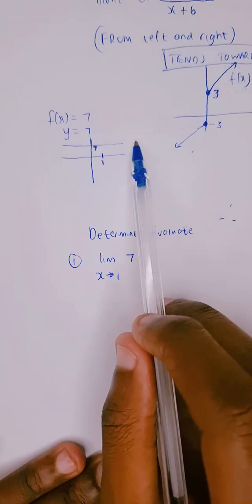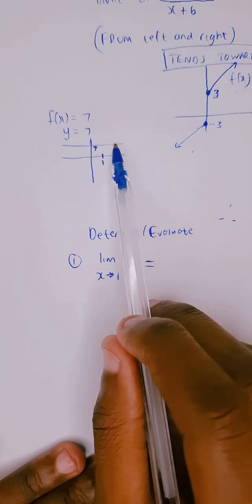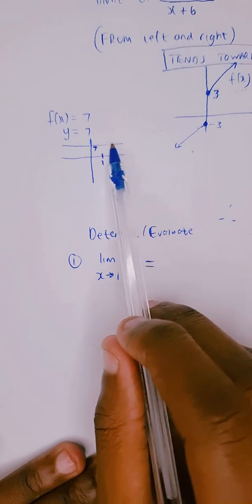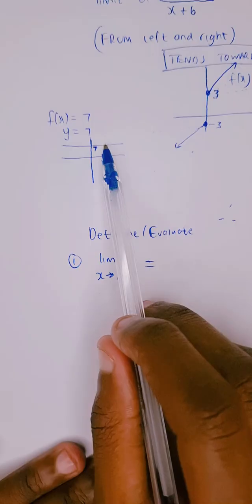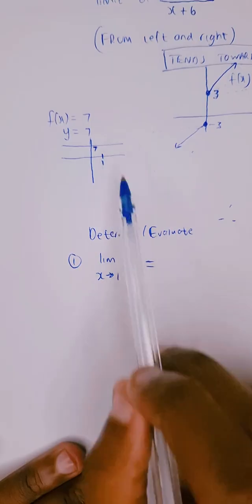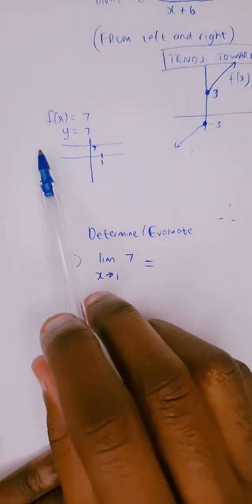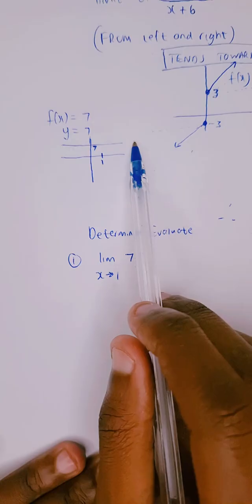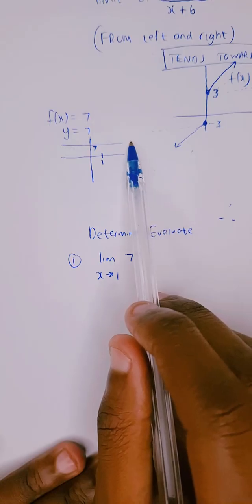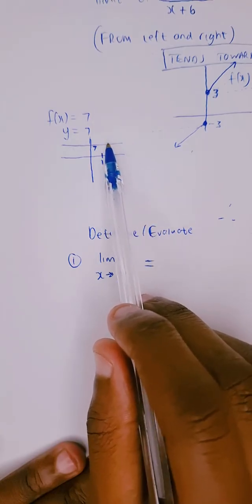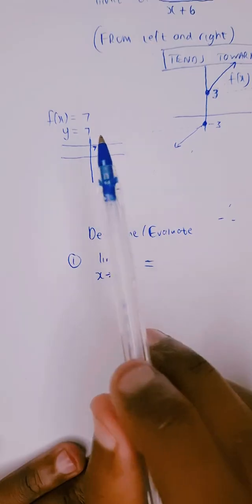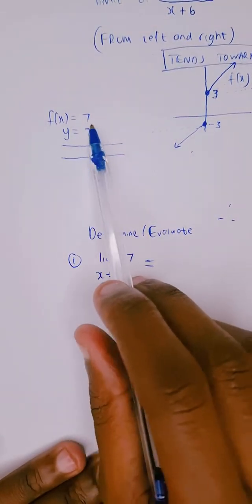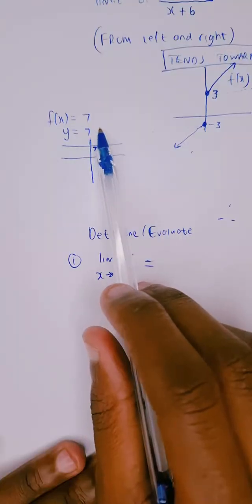What happens as we approach 1 from the right? What is the limit? I'm sure you guys can see what the limit is. Whether we are approaching 1 from the left or from the right, the limit, meaning the y value, is going to be the value of the function itself.